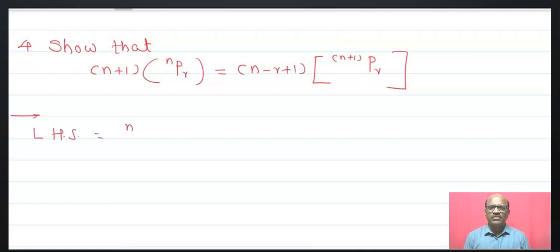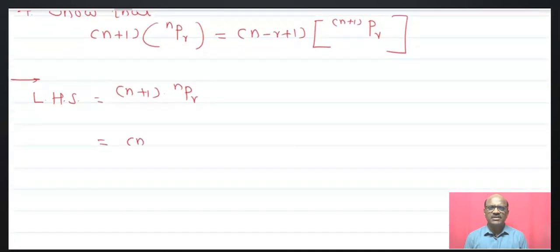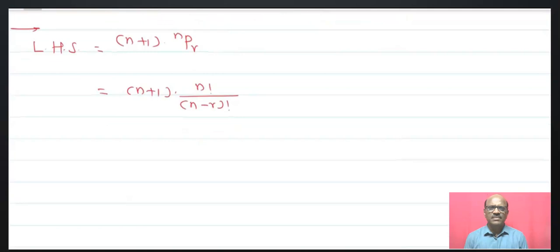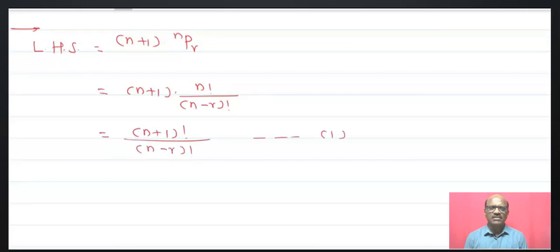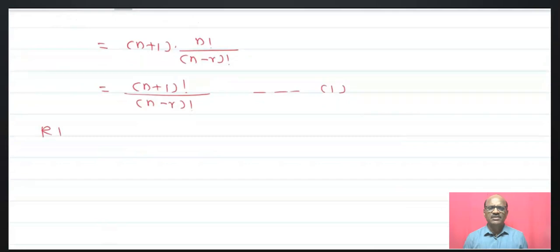Now we'll take the LHS first and solve it to some extent. That is, (n plus 1) into nPr can be written as n factorial upon (n minus r) factorial. Now again this can be written like this, (n plus 1) factorial upon (n minus r) factorial. This is number 1.